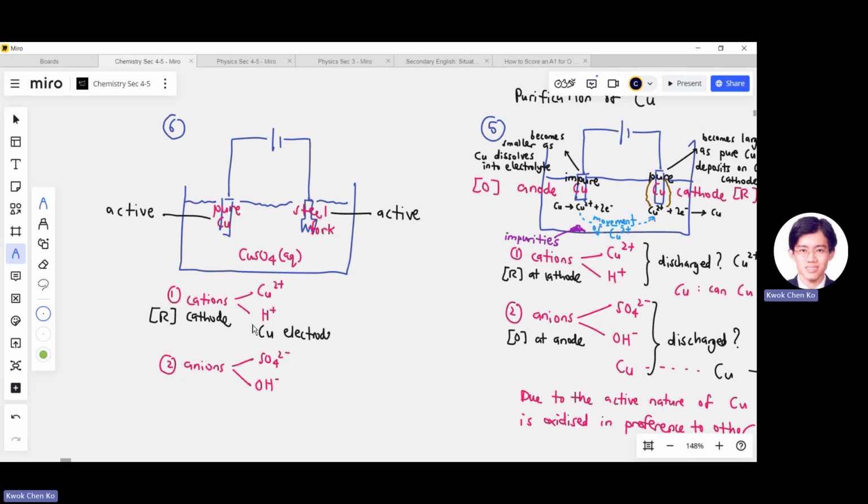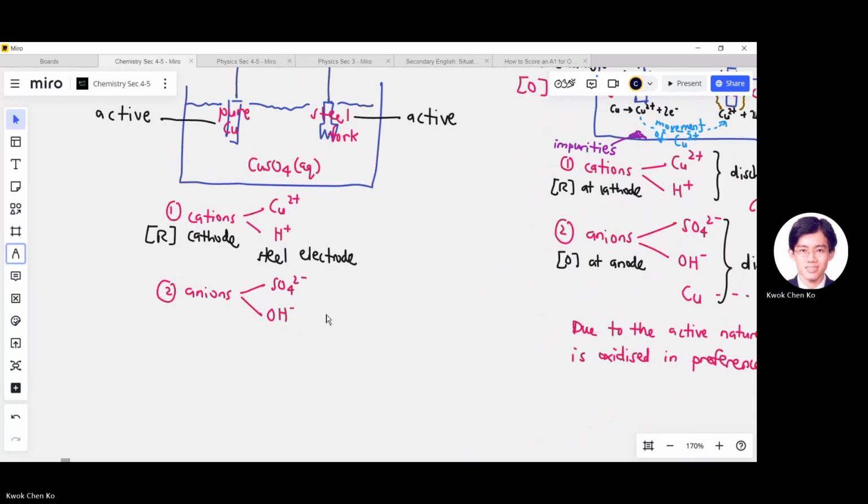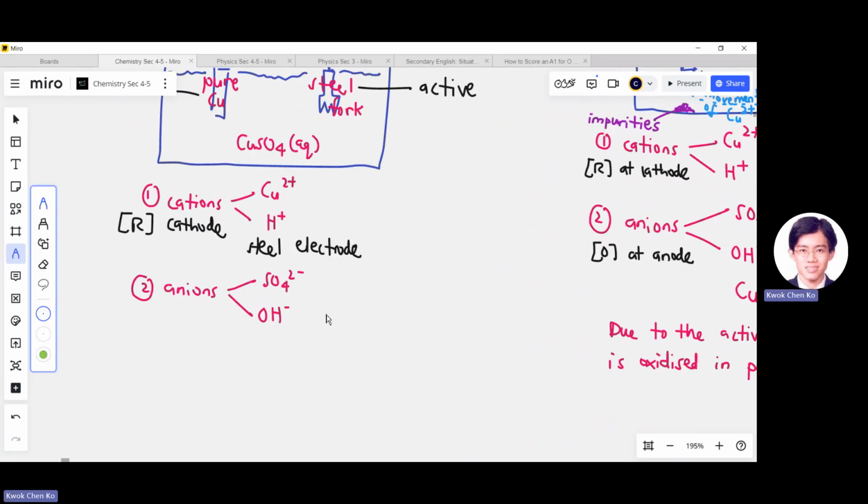Sorry, the electrode is steel in this case. Likewise, for the anode, I also have to account for my copper electrode, the copper anode.